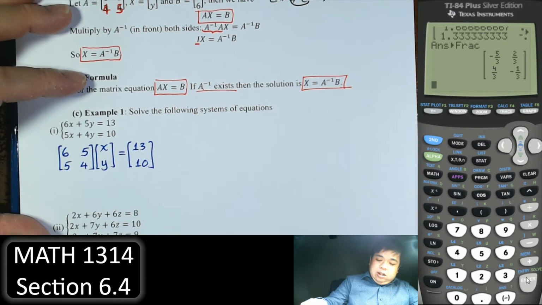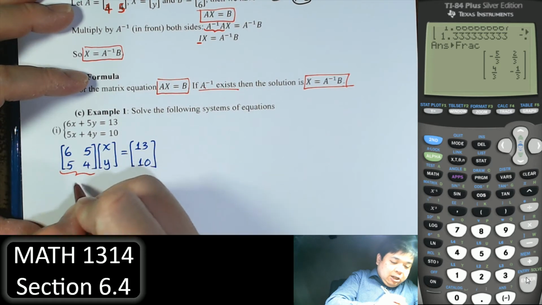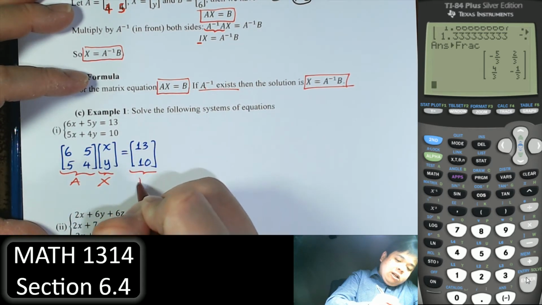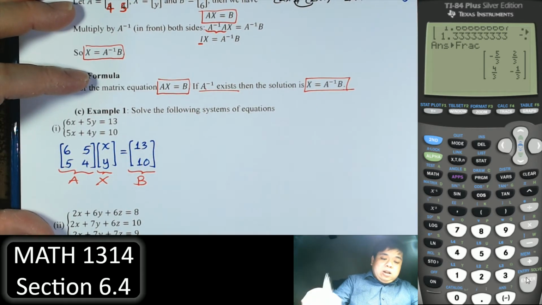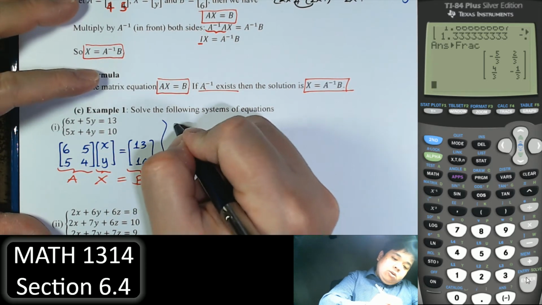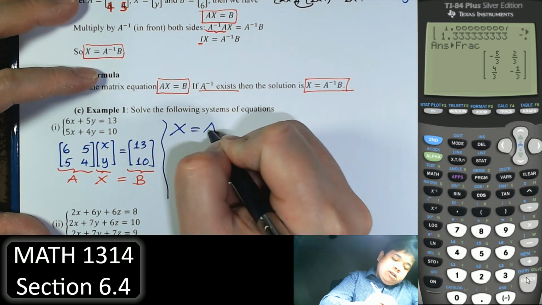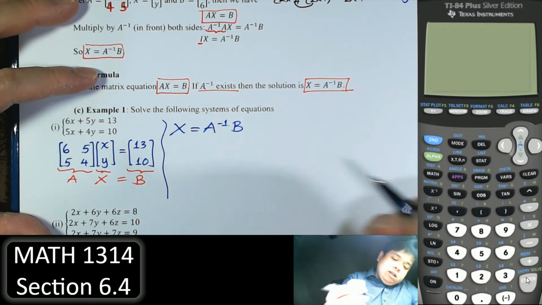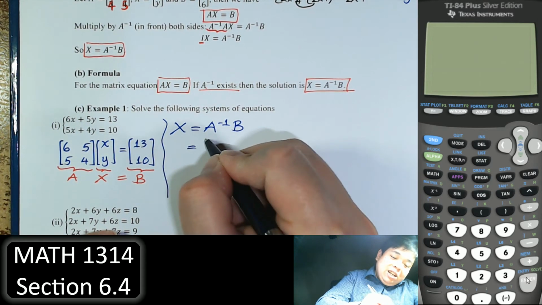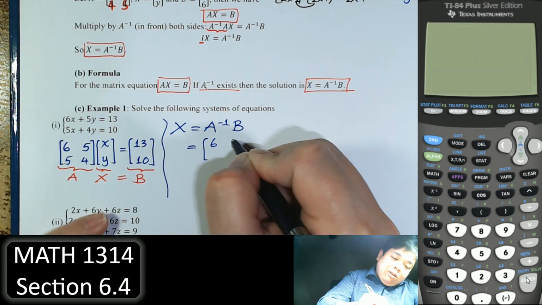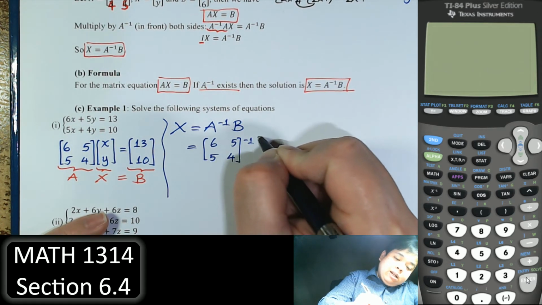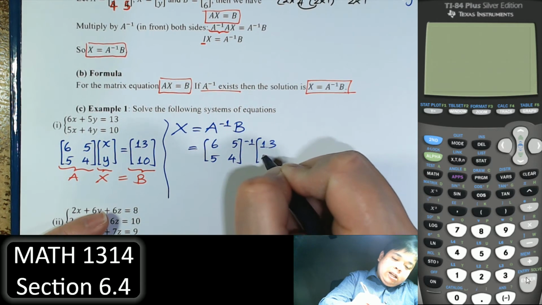And for this, we say this is A, x, and B. So the matrix equation A times x equal to B. So x equals A inverse times B. Inverse of a 2 by 2, luckily we have the formula for that. So 6, 5, 5, and 4. We're going to find the inverse for that, times B, 13 and 10.